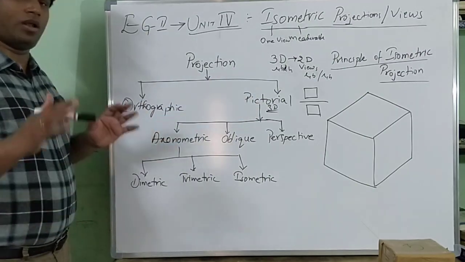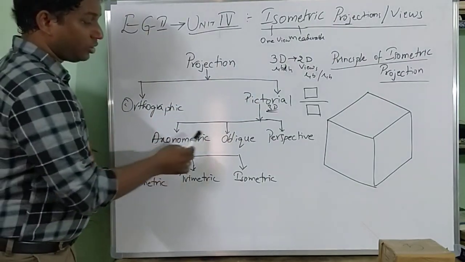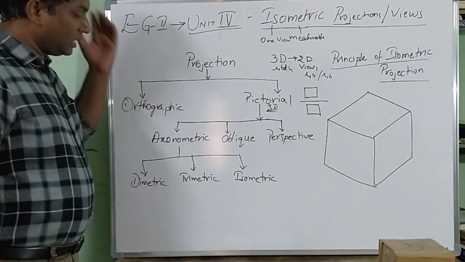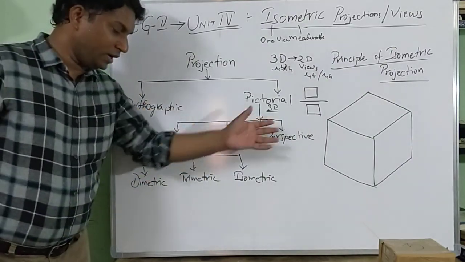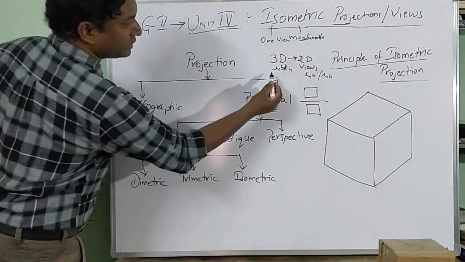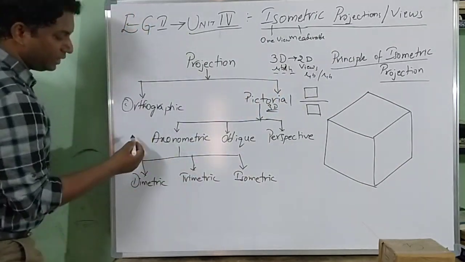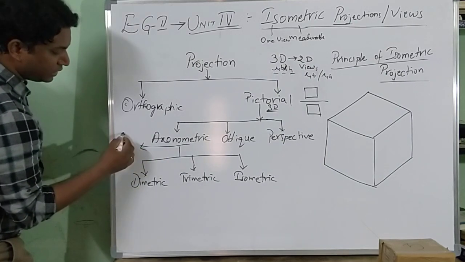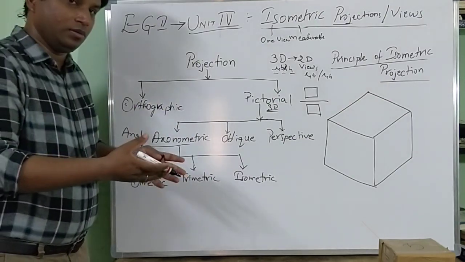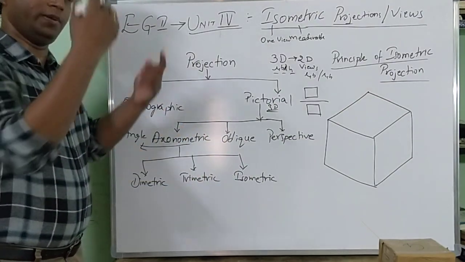Pictorial projections are again broadly divided into three types: axonometric, oblique, and perspective. Axonometric means the three things, length, breadth and height, each follow one angle. Length will be at one angle, breadth at another angle, height at another angle.